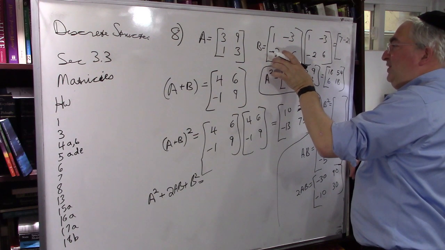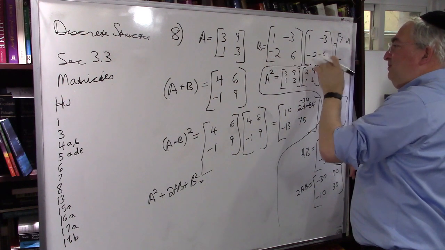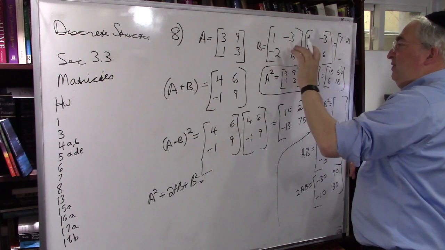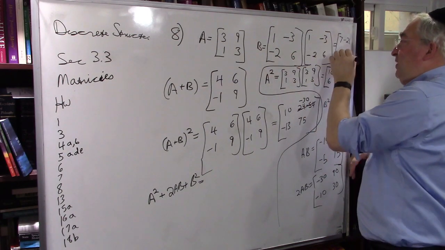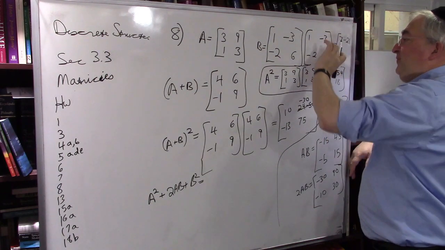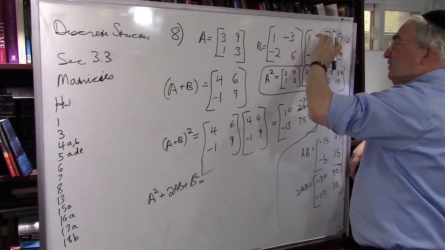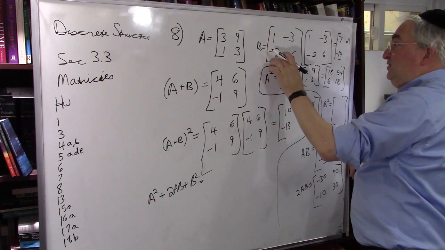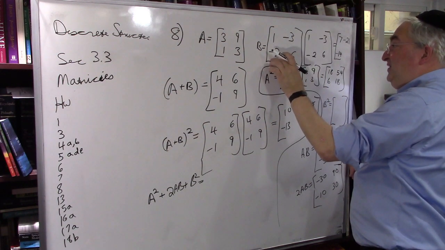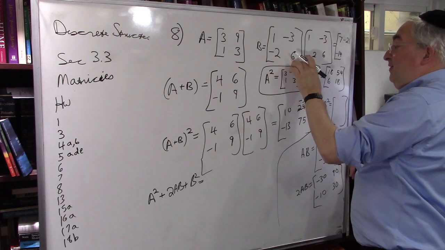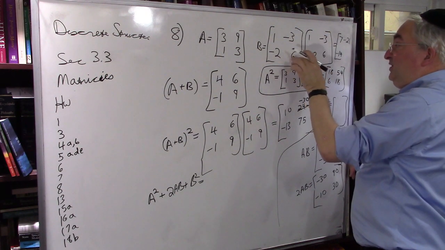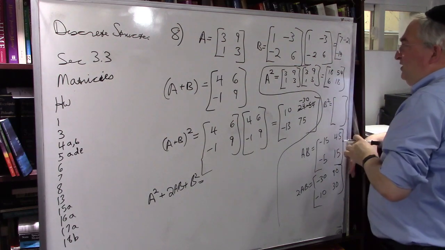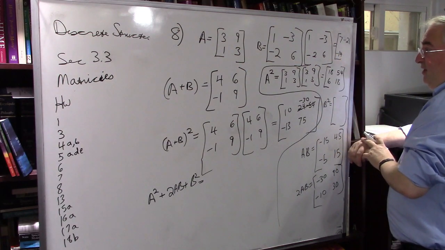Minus 2 plus minus 12 is minus 14. This is 3 times 2 is 6 plus 36. 6 plus 36 is 42.